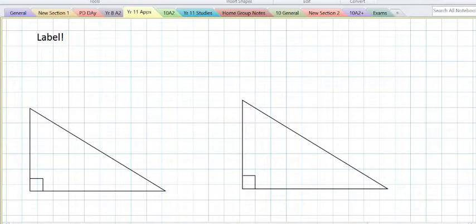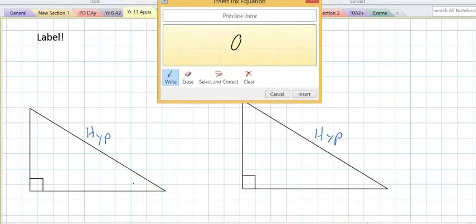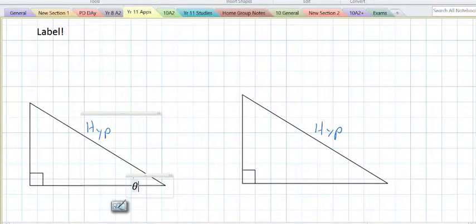Alright, when we have our triangles, one side is always very easy to label. One side is always the hypotenuse, and it's always directly opposite the right angle. However, the other two take a little more thought.